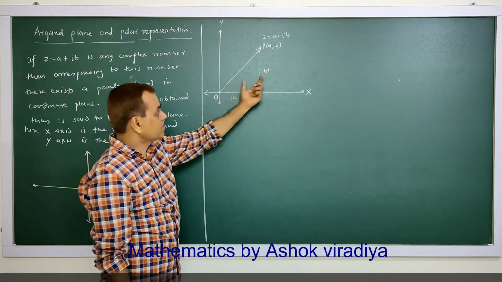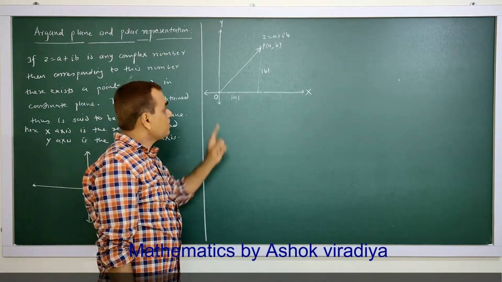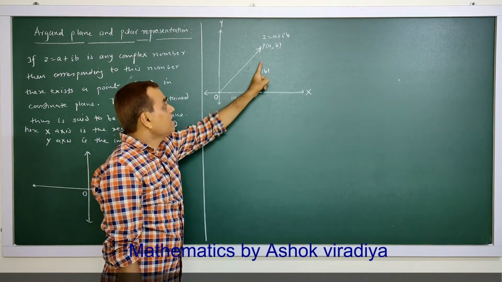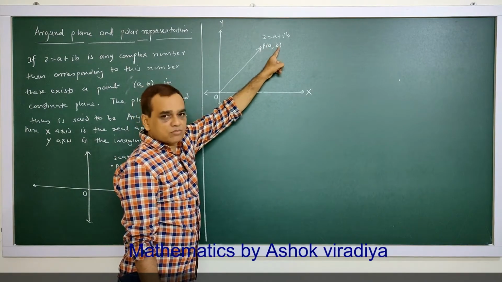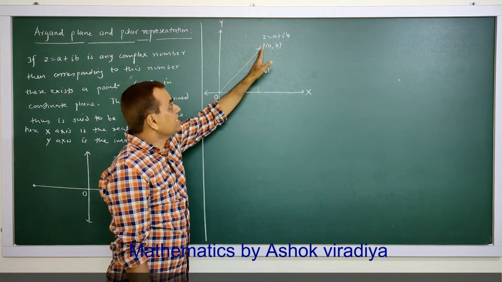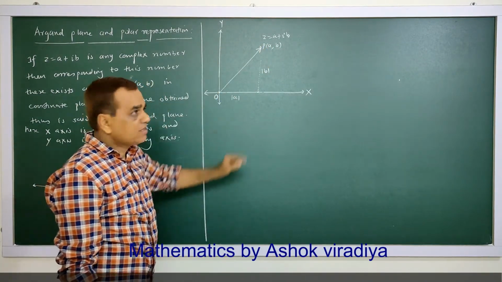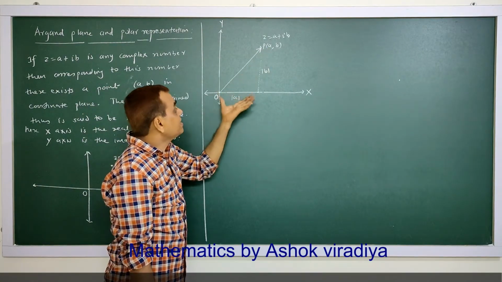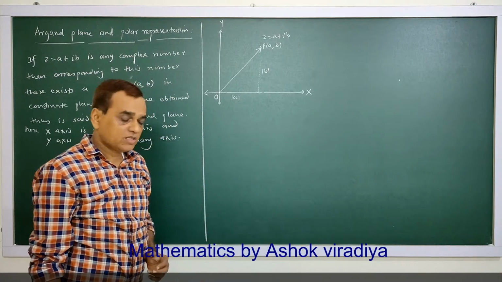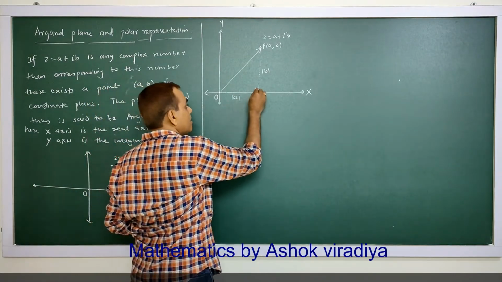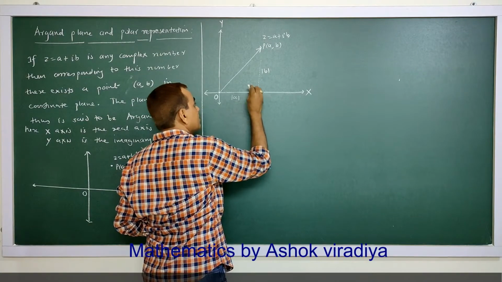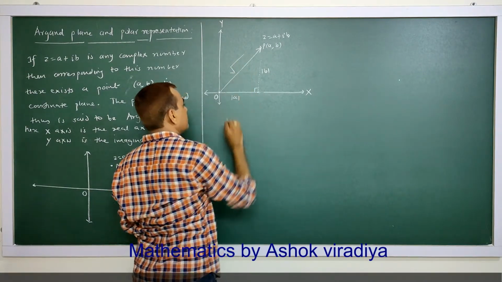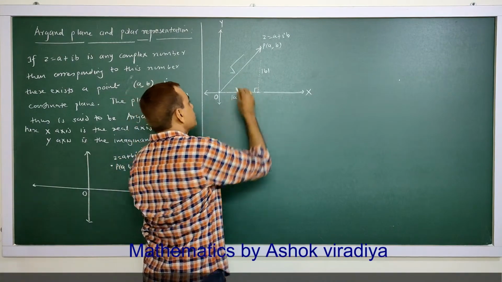I am putting modulus because length is always positive, while coordinates can be negative. If a point lies in the second quadrant, then this number can be negative, but length is positive. So by the right angle triangle, this length is equal to the square root of a square plus b square.